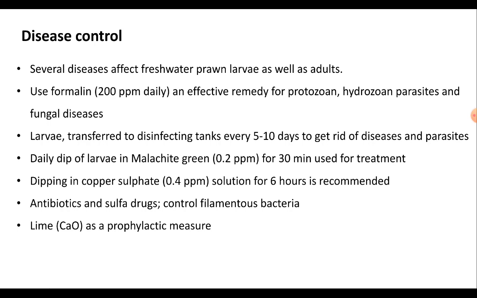And during prawn culture, the growth of the prawns must be checked, and during this phase diseases have to be controlled and the prawns should be protected from disease-causing agents, where several diseases affect freshwater prawn larvae as well as the adults.